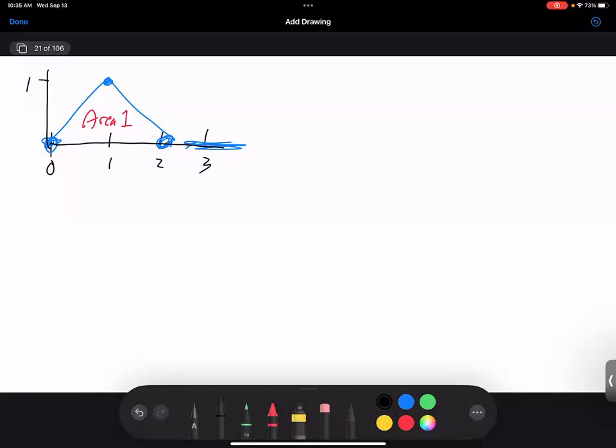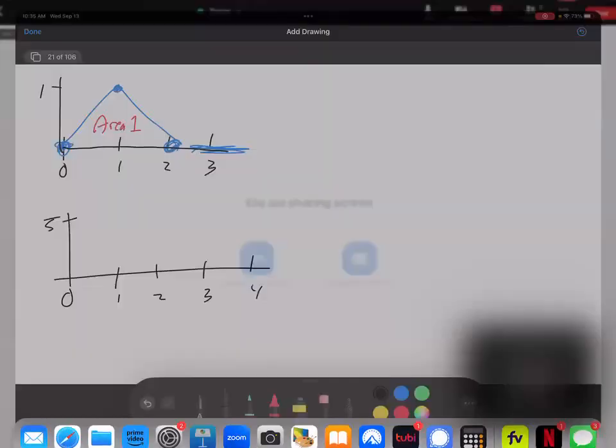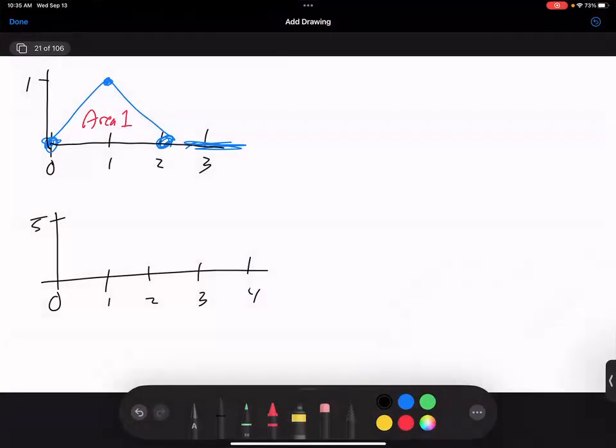Just shift it down. So for the next one, there's 0, 1, 2, 3, 4. All we have to do is just shift it over, and then have it 0 everywhere else. And so basically, you have a blip that's traveling down.